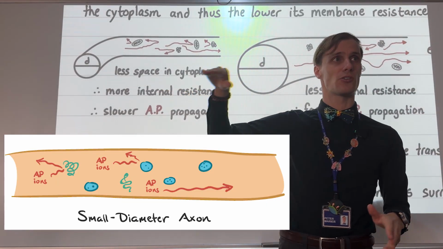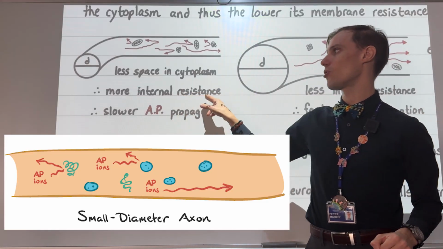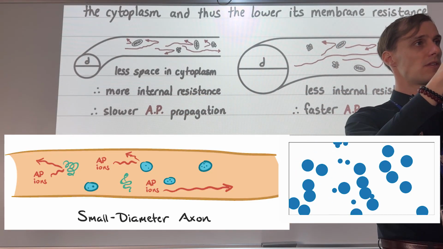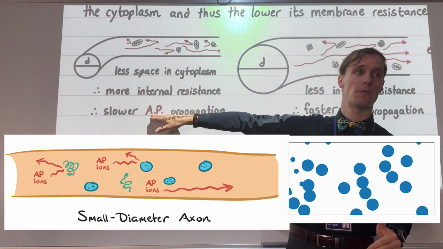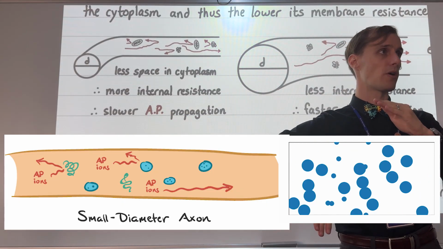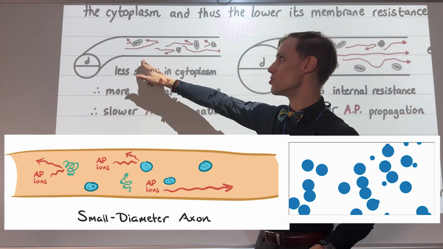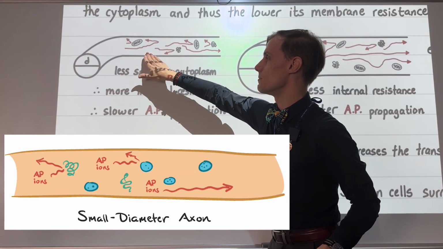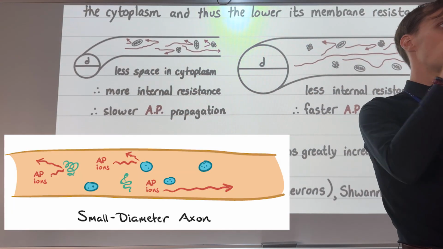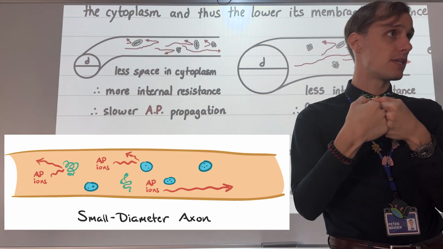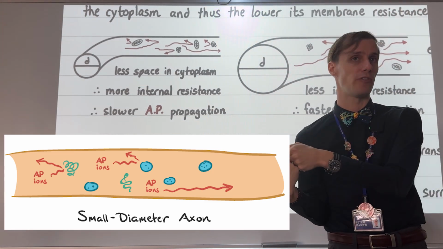This means that there's significantly more internal resistance within this smaller cross-sectional area. That means that the action potential propagation is going to be slower, because remember, if I have to do depolarization, depolarization, depolarization, there's a bunch of stuff in the way. There's more resistance to charge flow in this case.